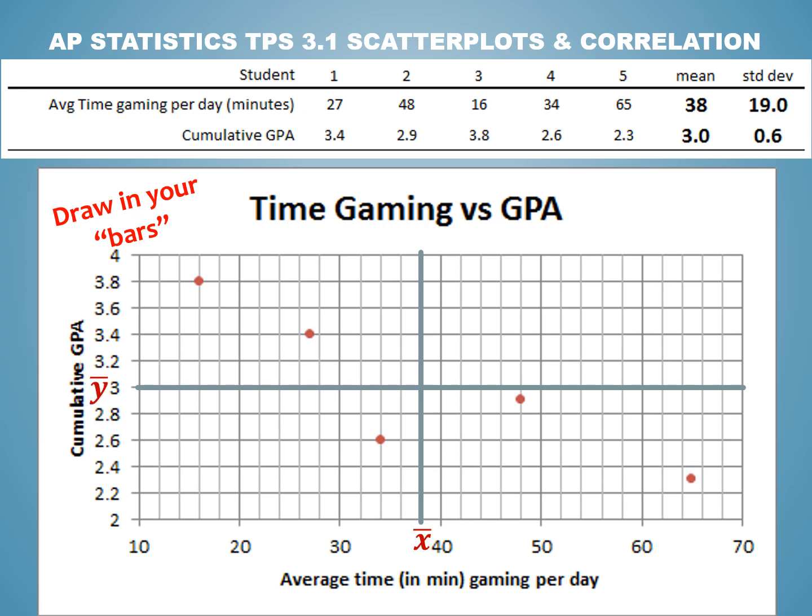Notice these X and Y bars kind of create 4 quadrants here. And furthermore, if we look at these 2 points up here, they are below the X bar, but above the Y bar. These 2 points are the reverse. They are above the X bar, but below the Y bar. That will come into play in a minute.